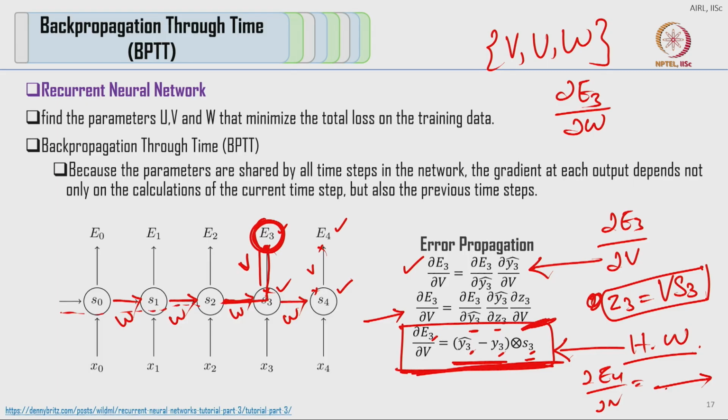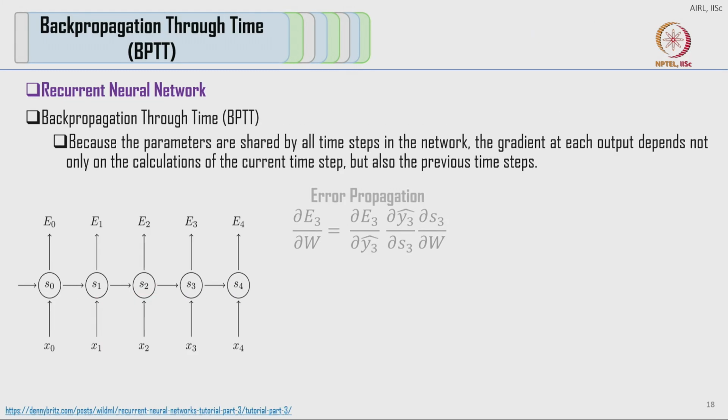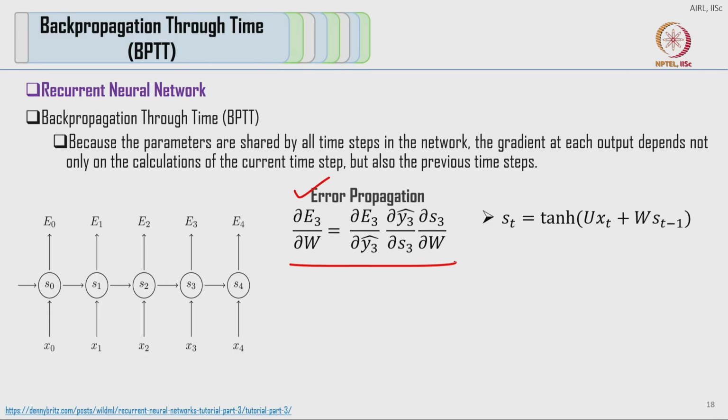So when we are using the chain rule, we observe that W has dependence on S3, which again has dependence on S2 and so on. Now let us look at the error propagation, which is ∂E3/∂W, and using the chain rule we can break it into ∂E3/∂Ŷ3, ∂Ŷ3/∂S3, ∂S3/∂W. Now let us look at the last term.